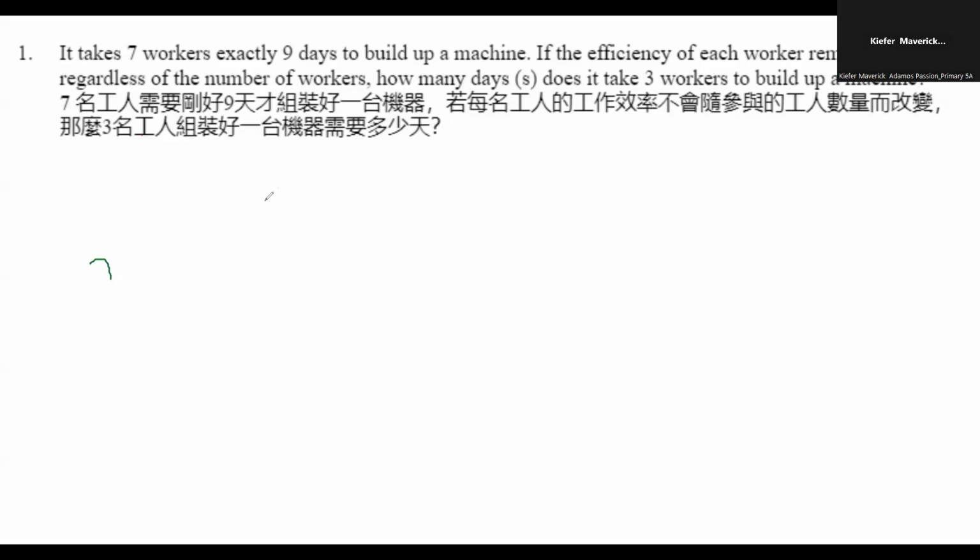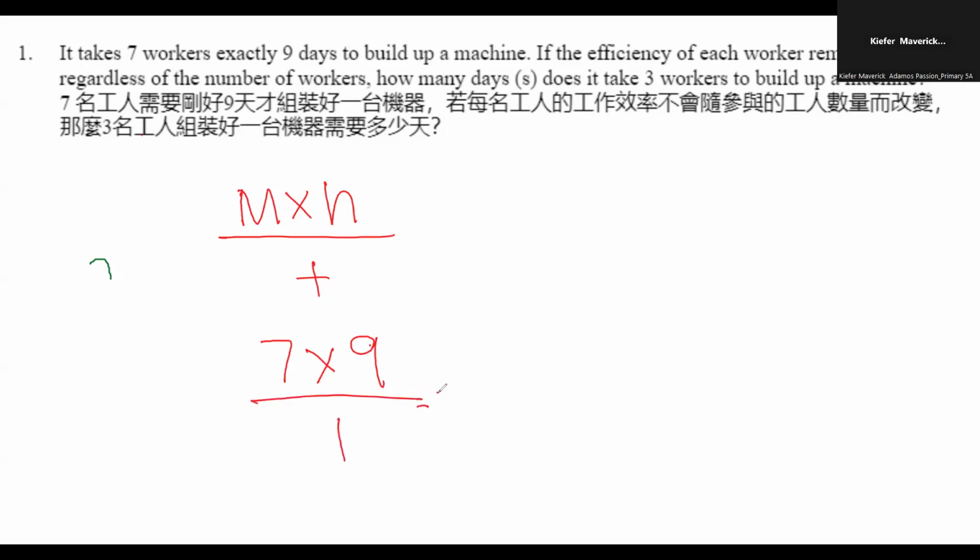So, sige, first, ang formula po niyan ay man times hour over task. Yan po yung formula. So, 7 is the man or workers. 7 multiplied by the hour, which is equal to 9, over the task, which is 1 whole task.